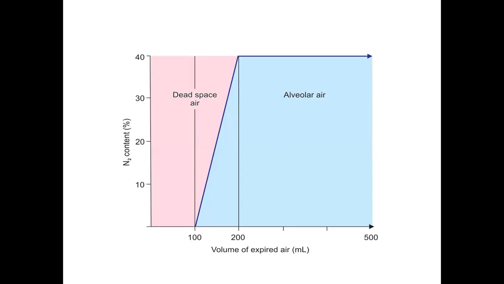You can see that in the first part of expiration, only the dead space air is expired. If you calculate this amount, it will be the dead space air, which can be found out by this procedure. The remaining will be the alveolar air, which has actually taken part in the respiration process.